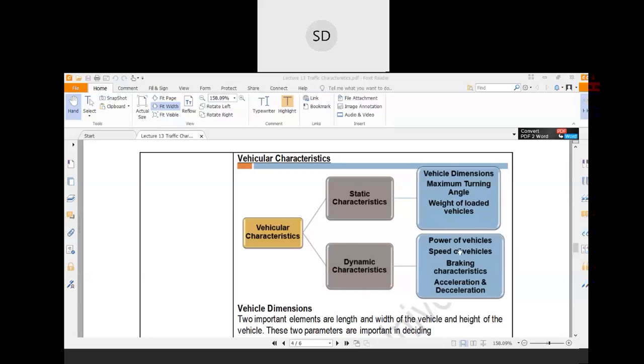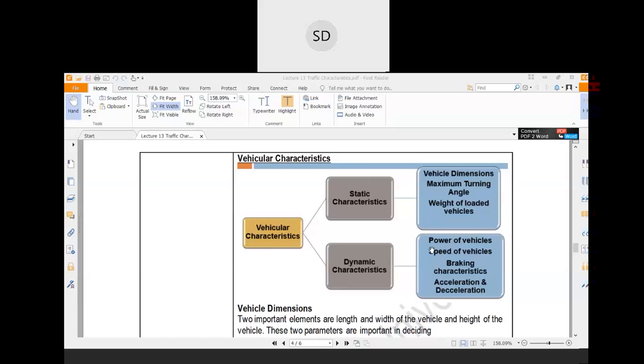Then in the dynamic characteristics, there comes power of the vehicles. This power of the vehicle changes depending on the different air conditions or topography of the area. If the vehicle is going upward, the power requirement should be higher. If it is going downward, the power requirement should be lower.